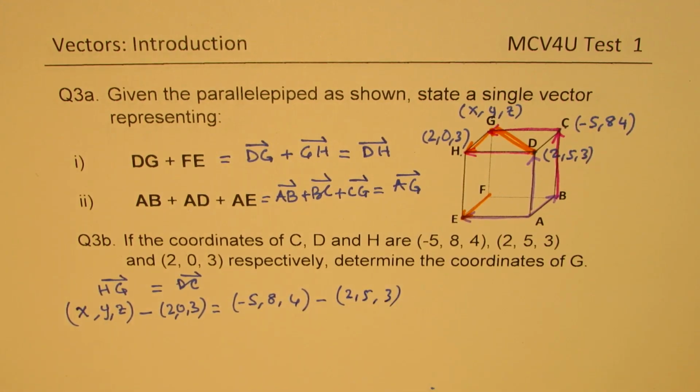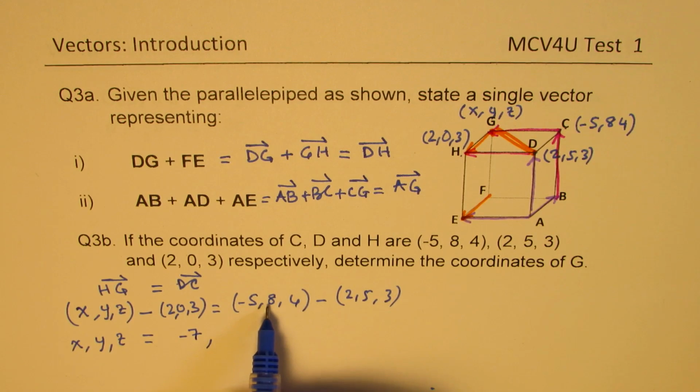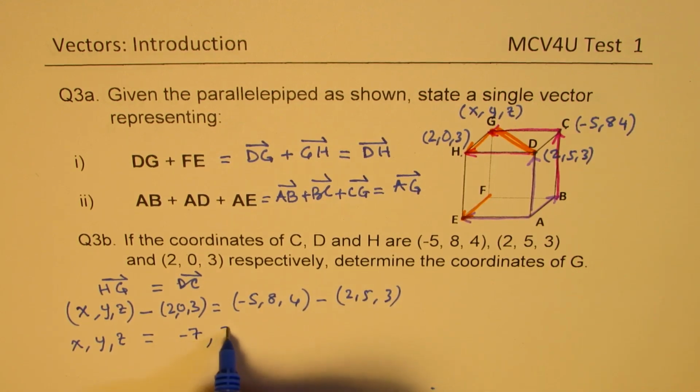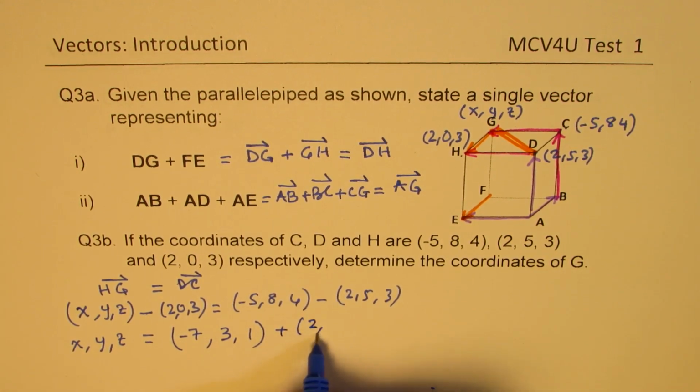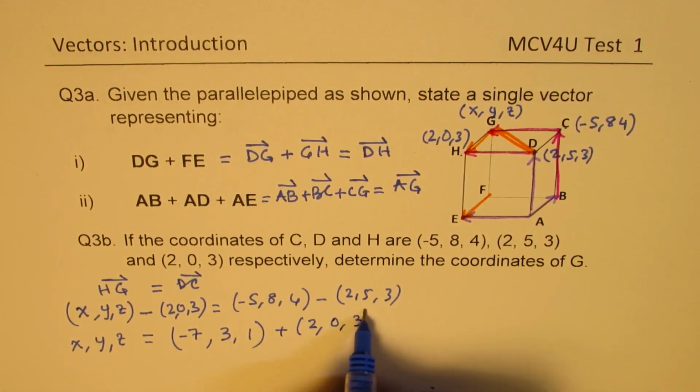Right, so we can write this as XYZ is equal to, let's do this and then take it to the right side. So -5 minus 2 is -7. 8 minus 5 is 3. 4 minus 3 is 1. And we'll add this, which is 2, 0, 3, correct?